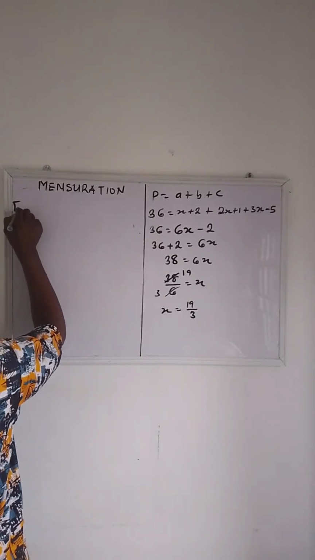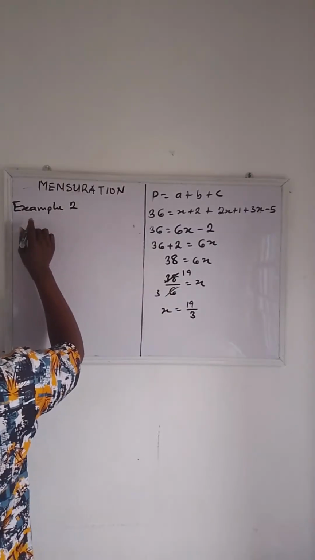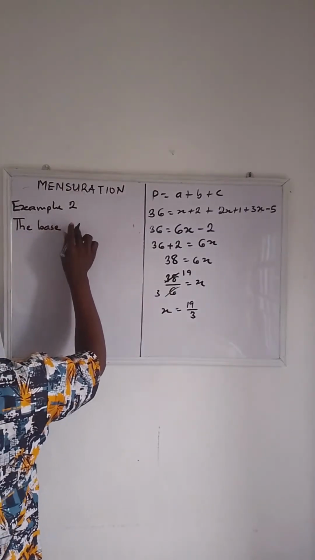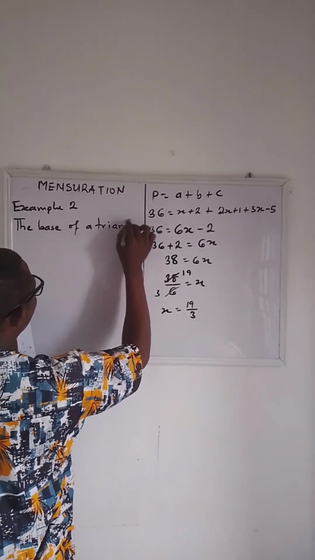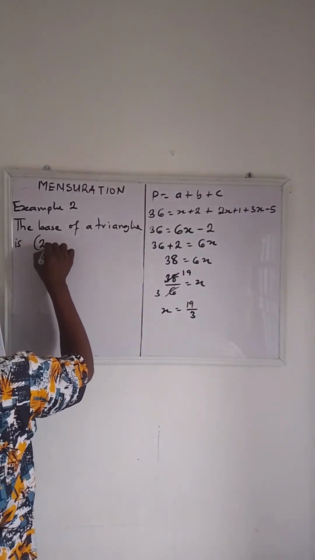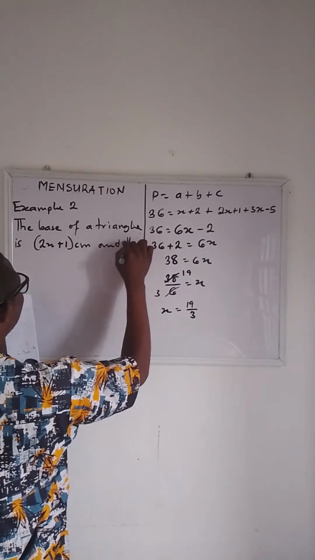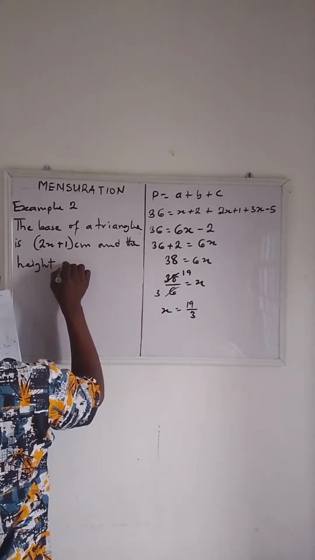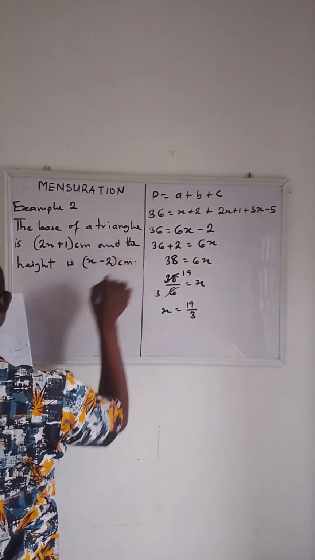Okay, example 2. The base of a triangle is 2x plus 1 centimeter, and the height is x minus 2 centimeter.